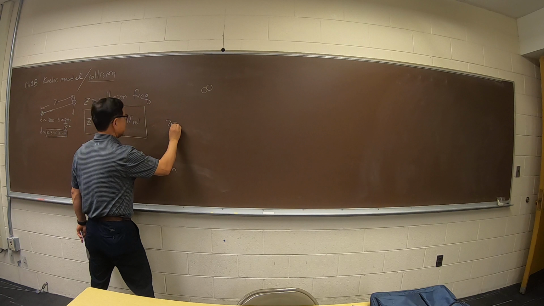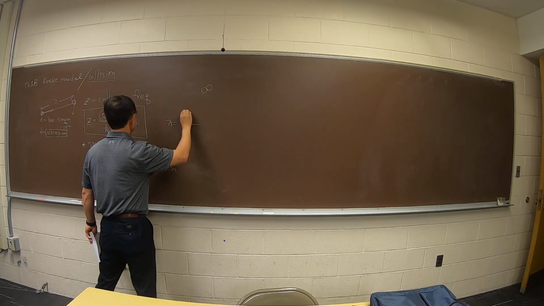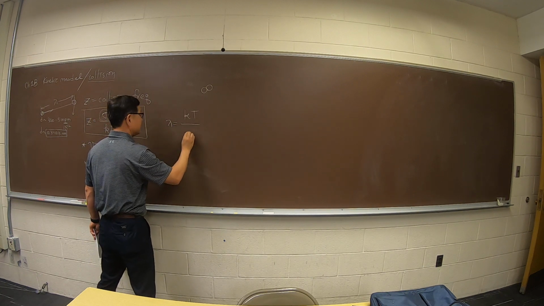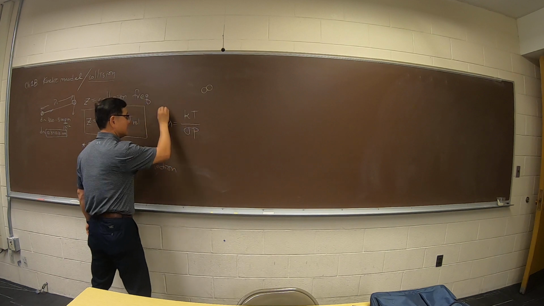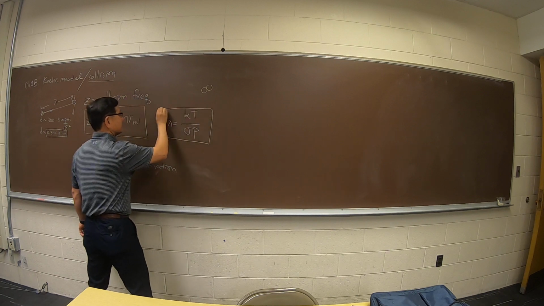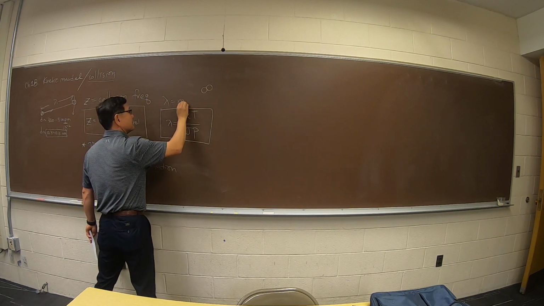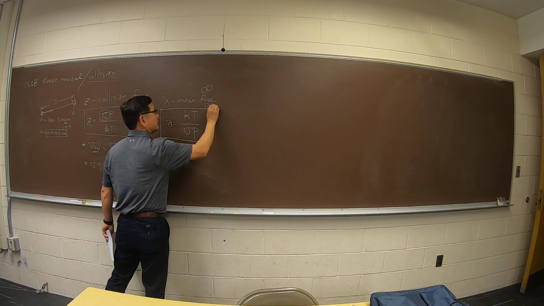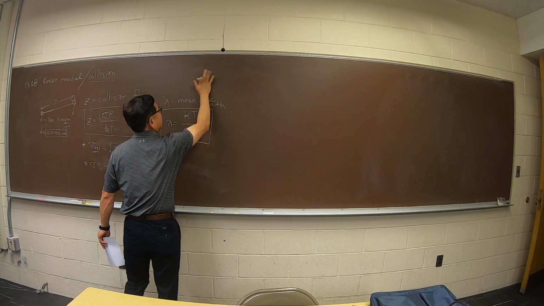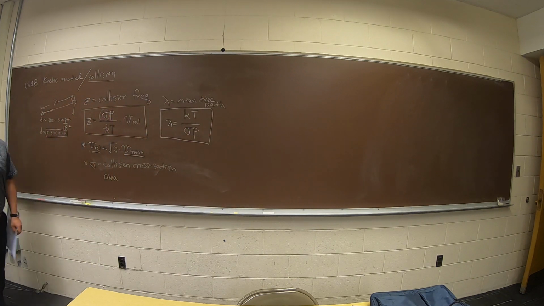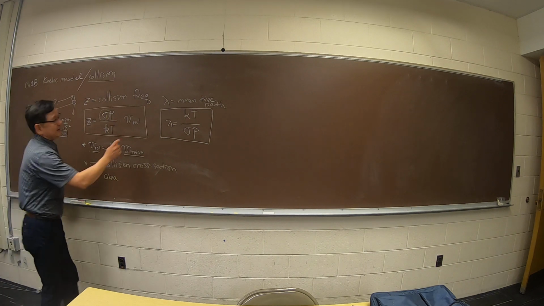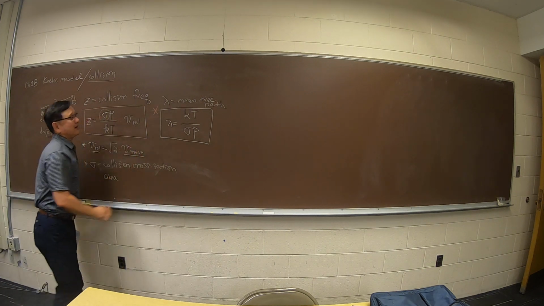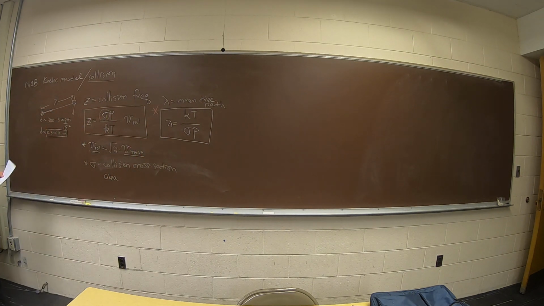And lambda is the inverse, kT over sigma P. So the one that I like is this one. That's why I jumped ahead to my second page, but I guess I mixed that up.